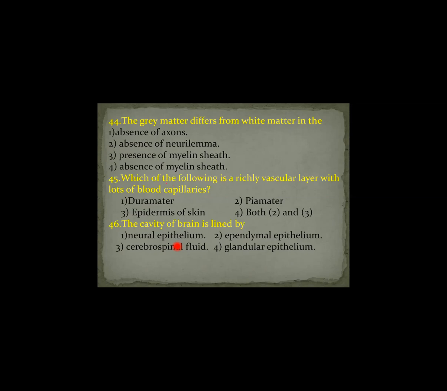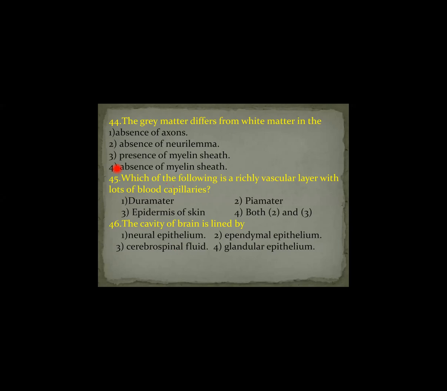The inner medulla is white in color because of the presence of myelinated nerve fibers. So here gray matter is different from white matter. In the gray matter, myelinated nerve fibers are absent. In white matter, the myelinated nerve fibers are present. So gray matter differs from white matter in the absence of myelin sheath.